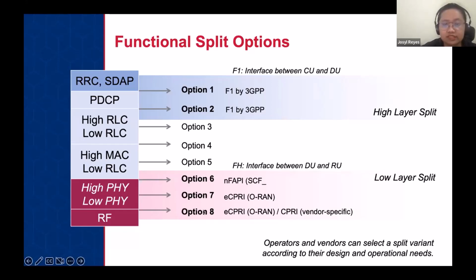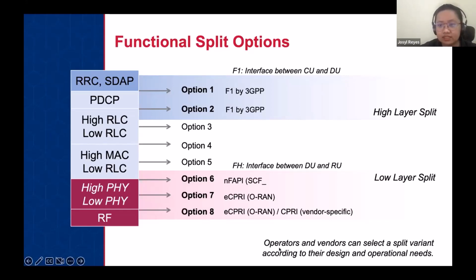Options 6, 7, and 8 rely on the fronthaul interface. It is the interface between DU and RU. And these are the different interfaces that are applicable under each option. We have nFAPI by Small Cell Forum, eCPRI by O-RAN.